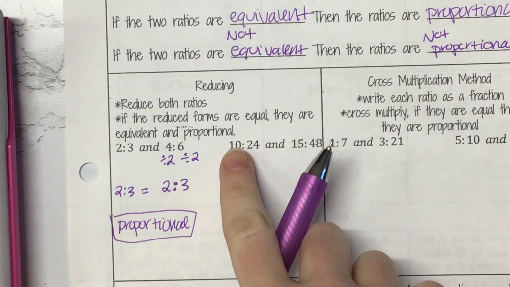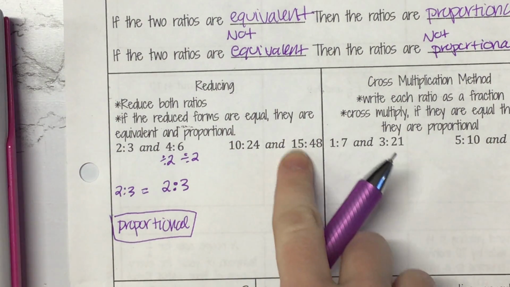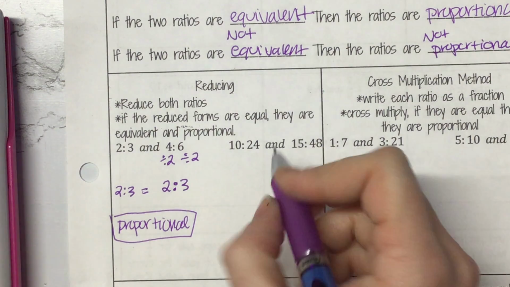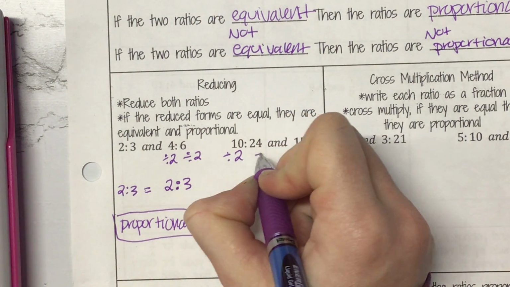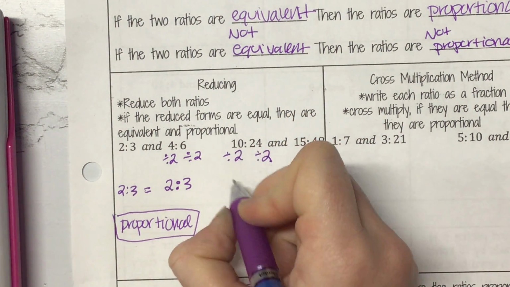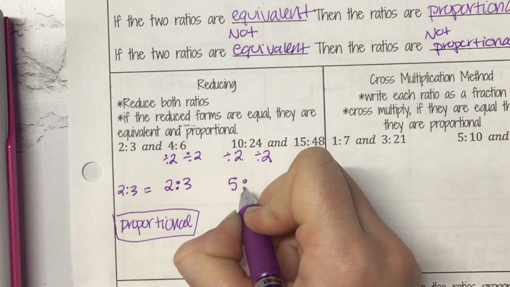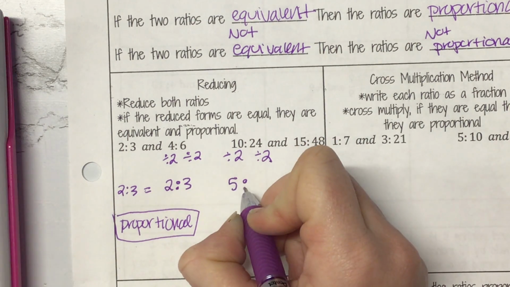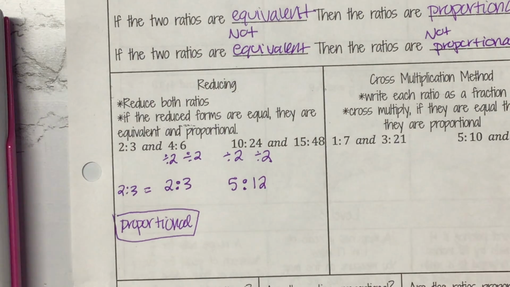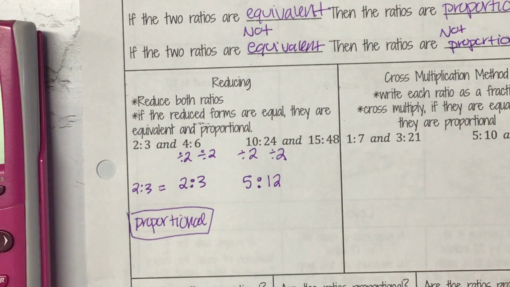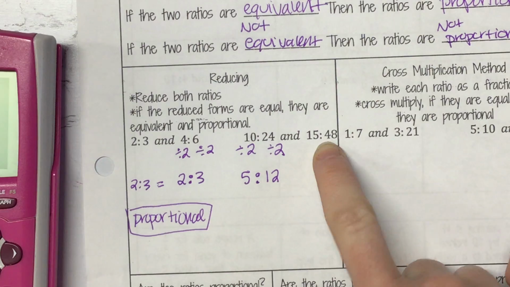Okay? All right, so 10 to 24 and then 15 to 48. I see that I can divide 10 and 24 by 2. 10 divided by 2 is 5. 24 divided by 2 is 12. I can't divide 5 and 12 by the same thing. So I'm done there. Okay, so now I'm going to reduce this one.